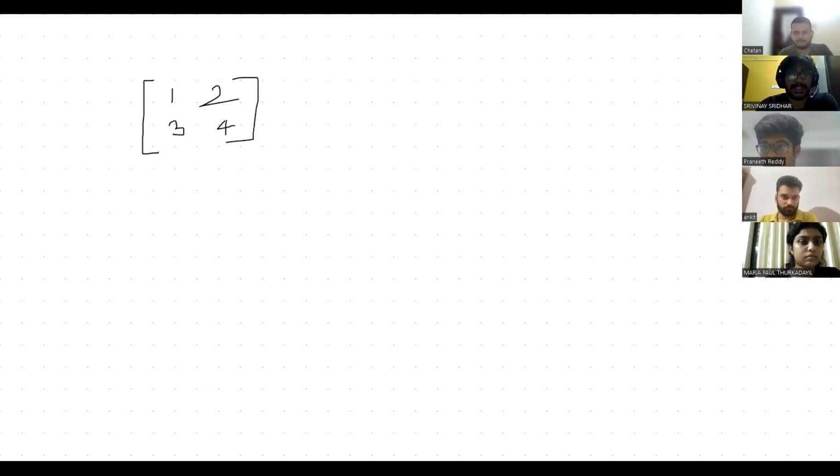Perfect. So we looked at a matrix. Let's use our usual matrix: 1, 2, 3, 4. Even though I'm using a mouse, I'm very bad at writing things down, so don't mind it. Is it true that this matrix also has a point that it maps to itself?